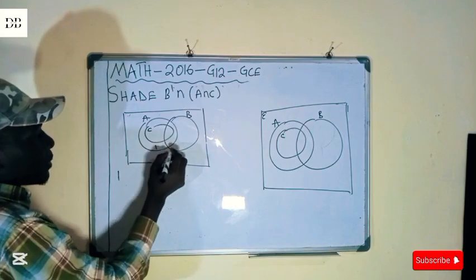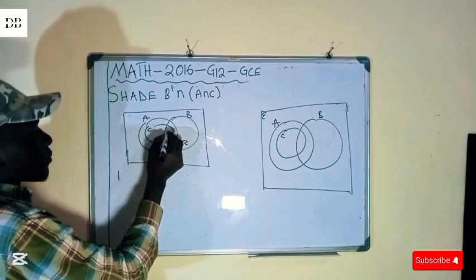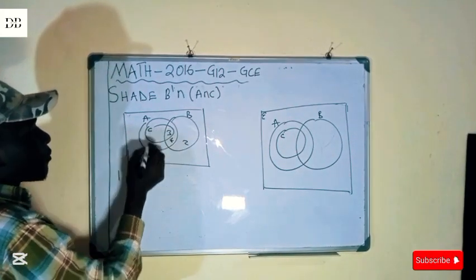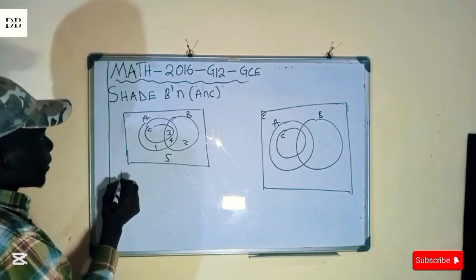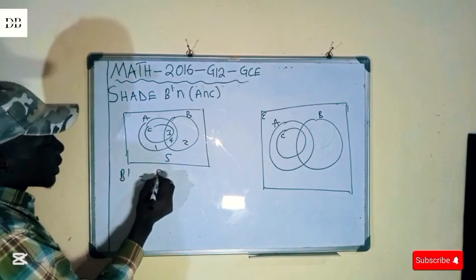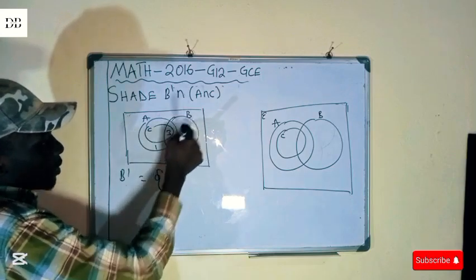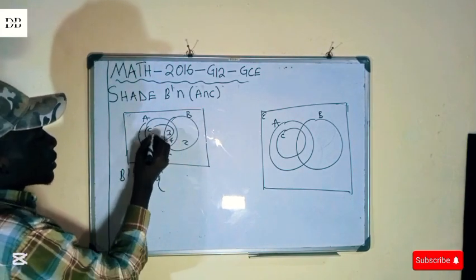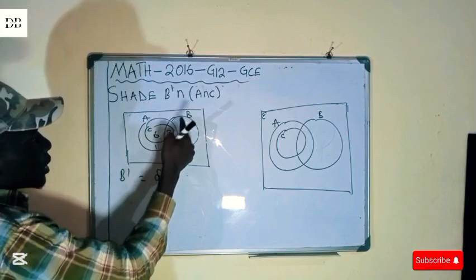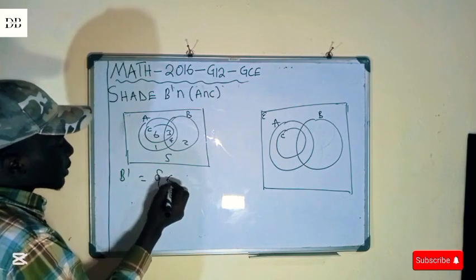So we assign numbers. So first get our B complement, things that are not in B. We have 1. So we can put 6 here as well. So things not in B, we have 6 and 1.